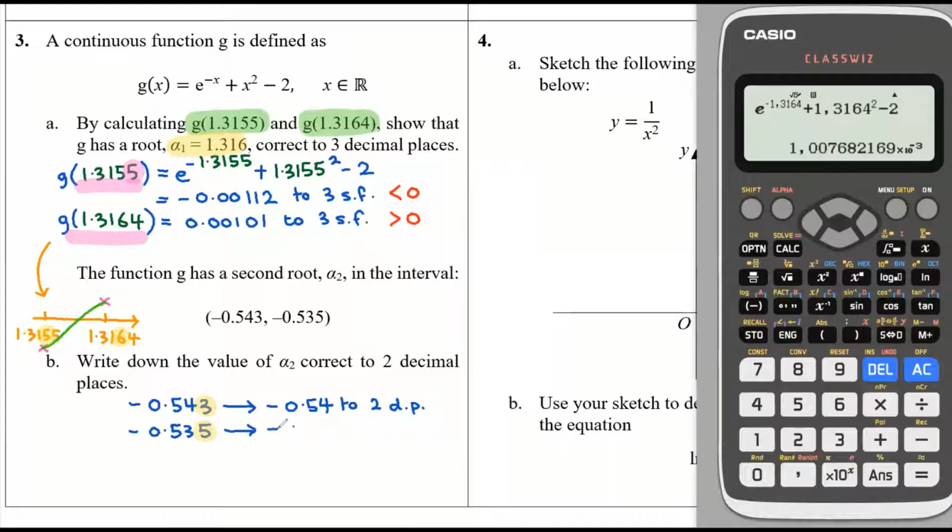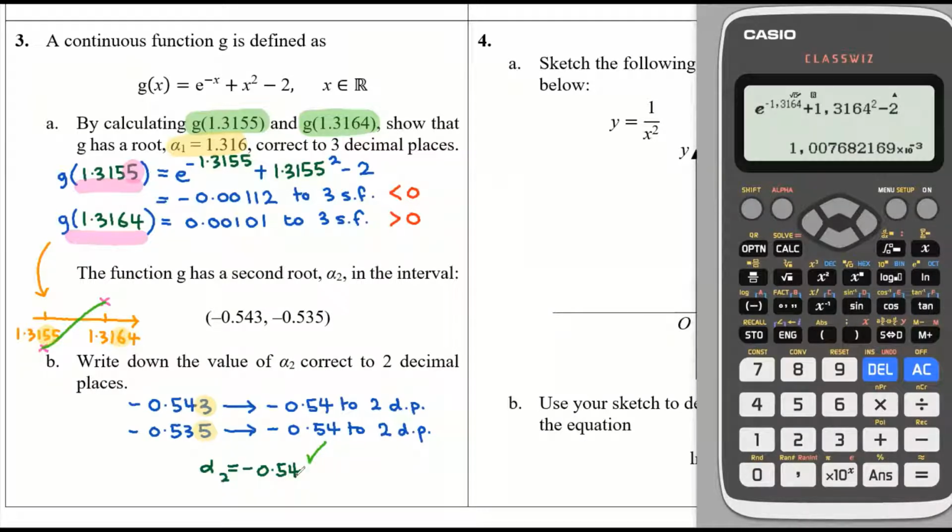So this is going to be negative 0.54 to 2 decimal places. So indeed, we have just verified it, which is great. Okay. So alpha 2 is just going to be negative 0.54.